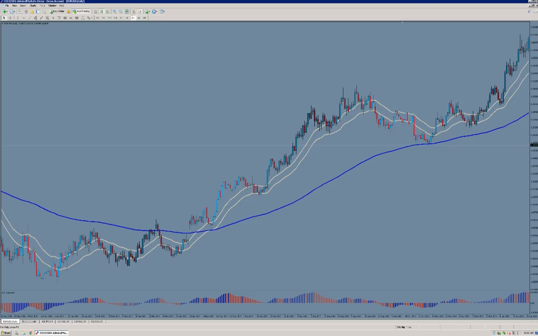Can I maybe get a quick idea if people are completely new to moving averages? Who's completely new to moving averages? Who already knows what they are and who already has used them before in their trading? Just so that I get a sense of the knowledge base here.